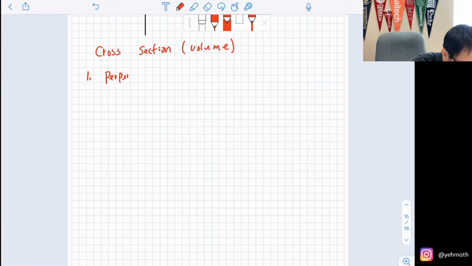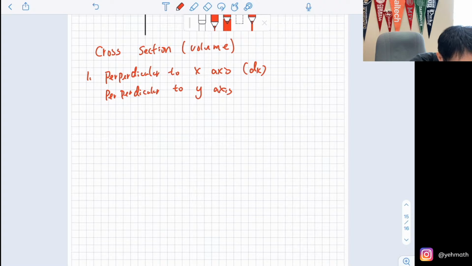There are two possibilities. Most of the time, it's going to be perpendicular to the x-axis, and that just means dx. Sometimes they're going to ask you perpendicular to the y-axis, so that's going to be dy.